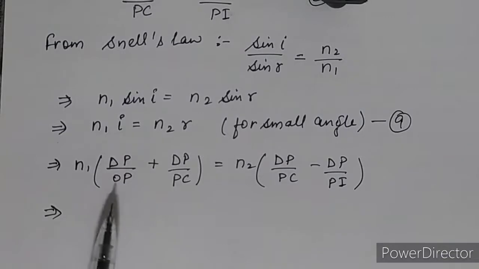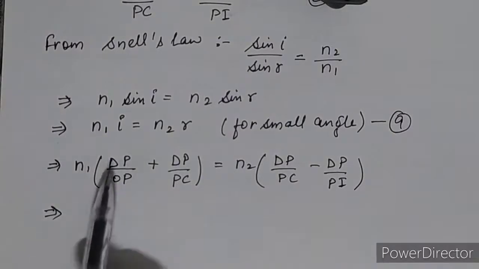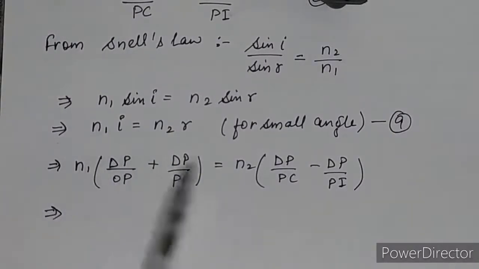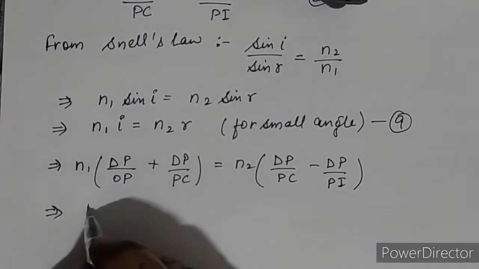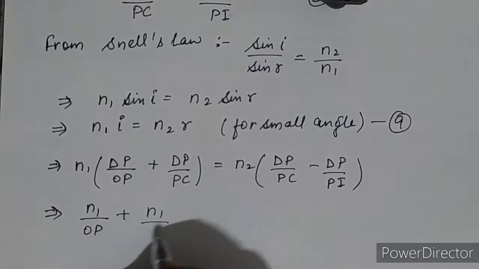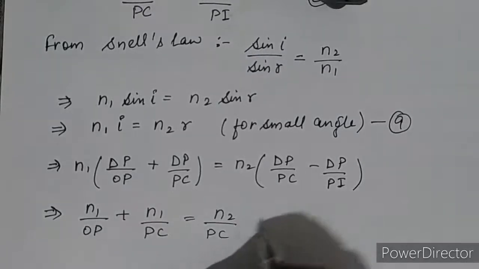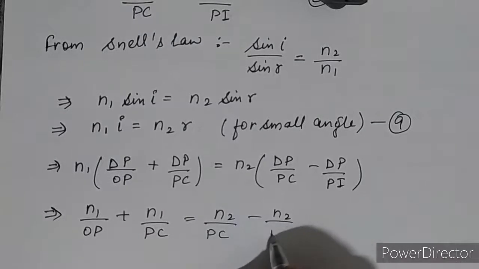So taking common, it will be cancelled. The equation will become N1 upon OP plus N1 upon PC, N2 upon PC minus N2 upon PI.